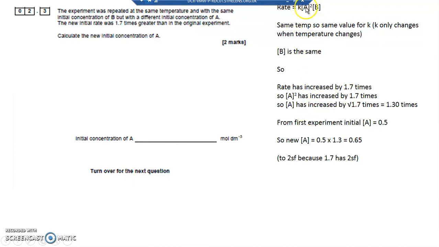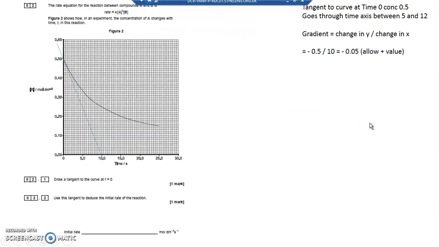So how much has A changed by? A has changed by the square root of 1.7, which is 1.3 times what it was in the original experiment. Now in the first experiment, the concentration of A was 0.5 when the line touched the curve at time 0.